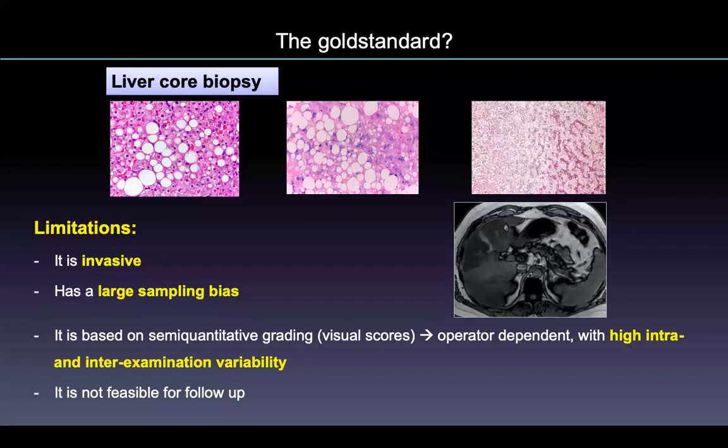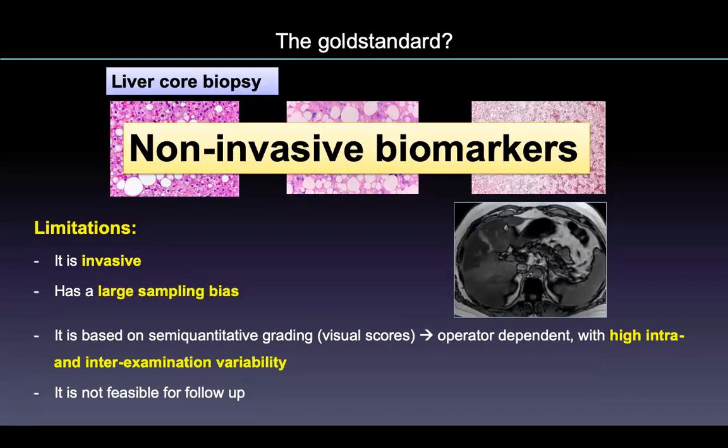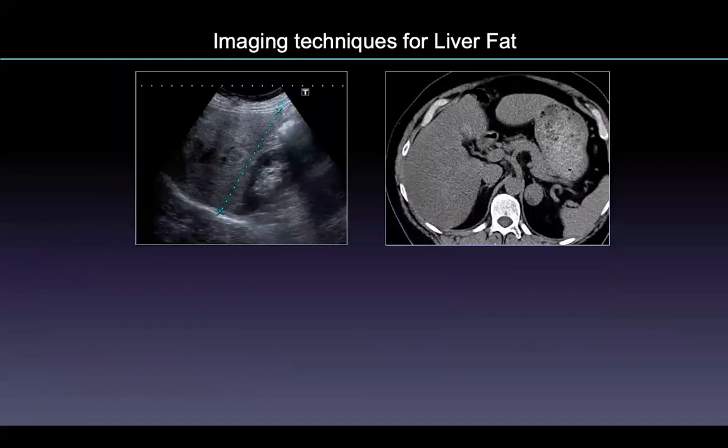Also, it is operator dependent with high intra and inter-examination variability, so it's not feasible for following up the large number of patients with diffuse liver diseases. And that's why there is a need to find non-invasive biomarkers able to detect, quantify, and monitor steatosis and iron deposits in the whole liver, obviating the need for liver biopsy.